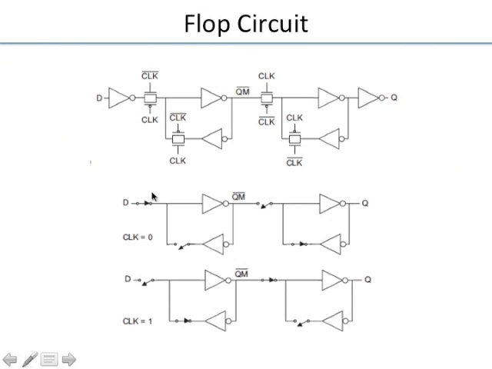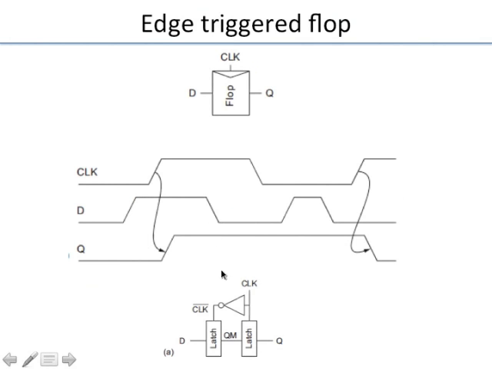So let us say the clock is 0. When clock is 0, I think it's easier to understand this figure, the lower figure. When clock is 0, the slave latch is opaque, whereas the master latch gets a 1, right?